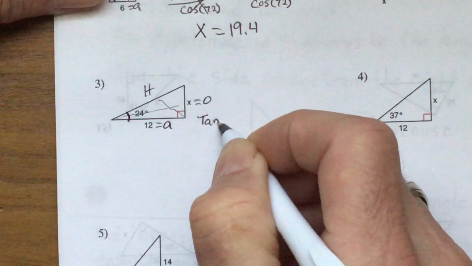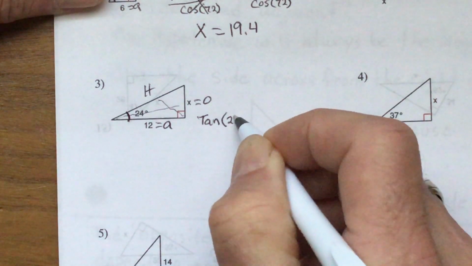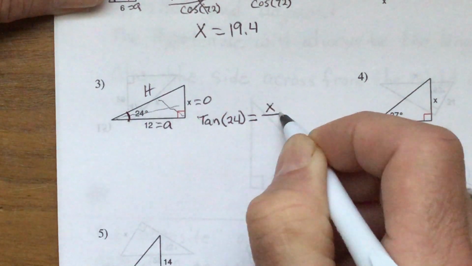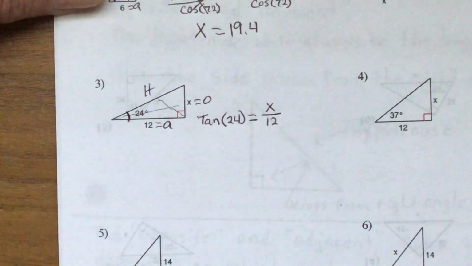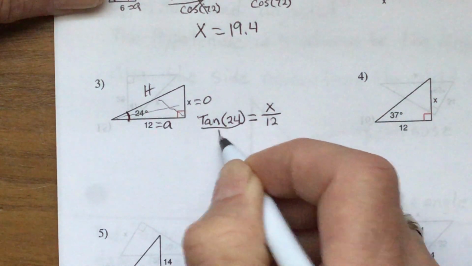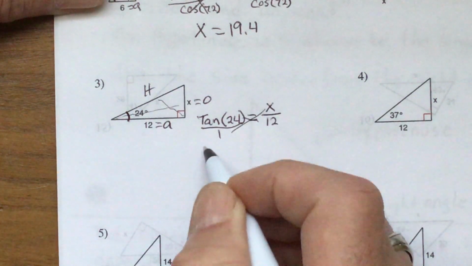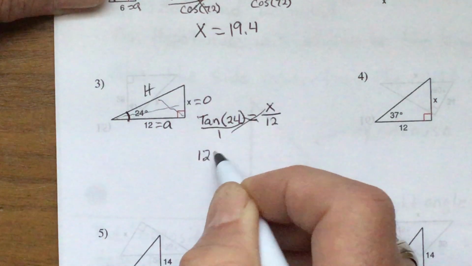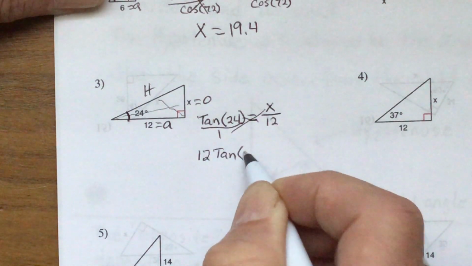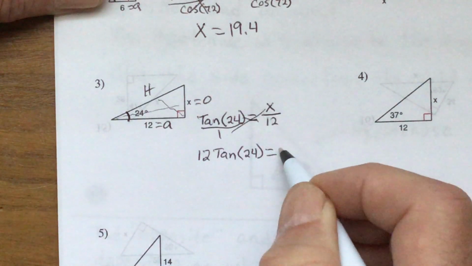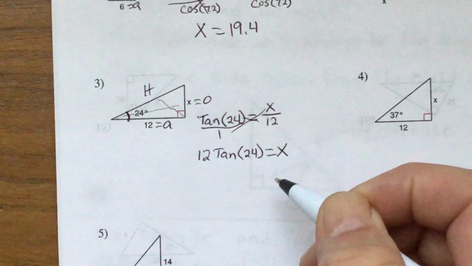So the tangent of 24 equals opposite over adjacent. Put a 1 under that, cross multiply. 12 tangent 24 equals 1 times x is x.